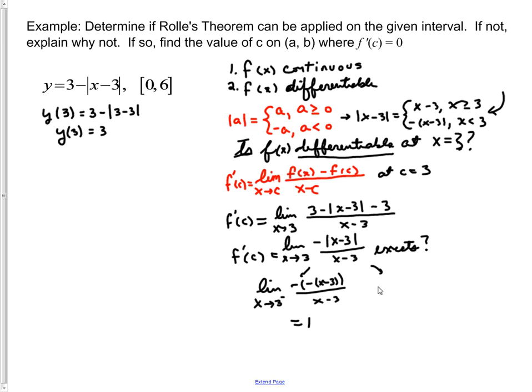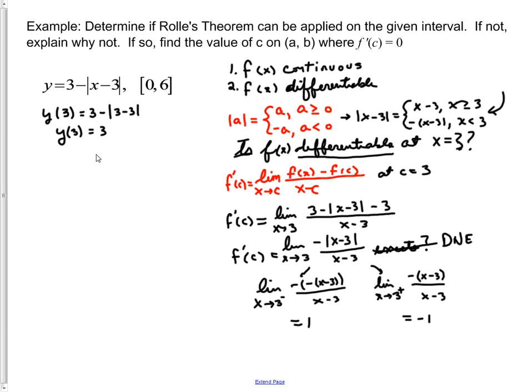On the other hand, if we took the limit as x approached 3 from the right of the quantity, it'd be just negative of the quantity x minus 3 this time, just carrying that negative that's in front, over x minus 3, and we know that that comes to negative 1. And since the limits as x approaches 3 from the left and the right don't match, this limit does not exist.